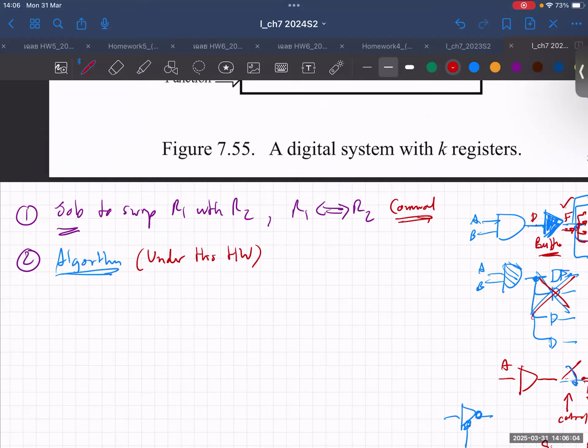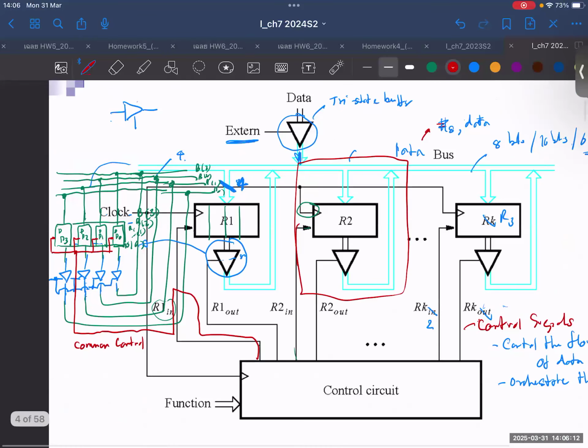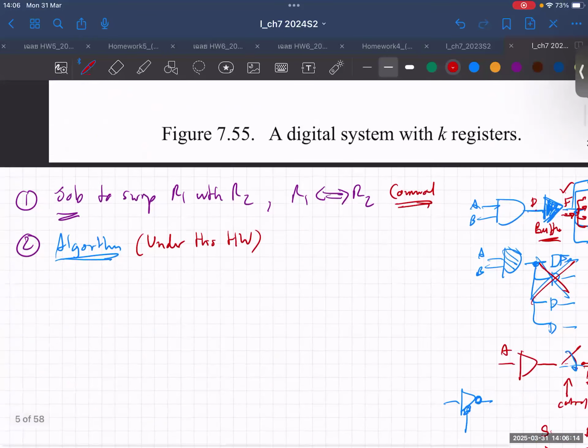But anyway, if you consider the algorithm first, what we're going to do, if you want to swap two numbers, let's assume that you try moving R1 to R2 first, what happened? What happened if you do this? If you want to swap two numbers, R1 and R2, what happened?